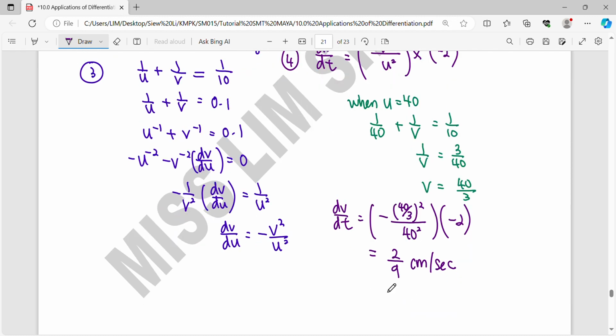So this derivative is positive. We can say that the rate of change of v is increasing by 2 over 9 cm per second.